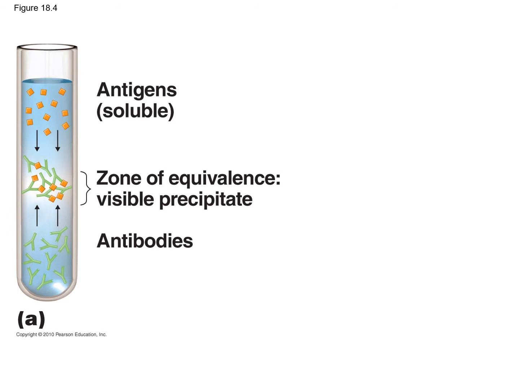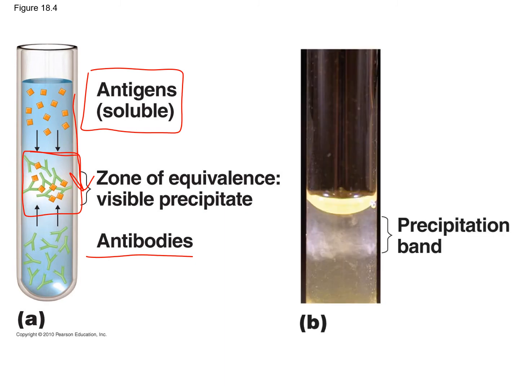So an example of a precipitation reaction, this is a cartoon. You start out with a test tube, and in the test tube you have a solution that contains the antibodies. Then you add the patient's sample, could be a blood sample where you have those potential antigens, and as those antigens diffuse into the test tube, you will reach a zone of equivalence where you will see a white precipitate form. So this is an actual example. The antibodies were in the solution here.